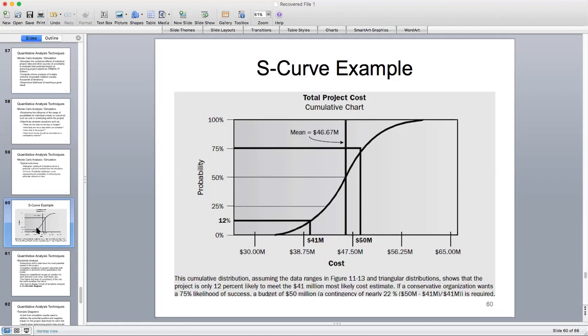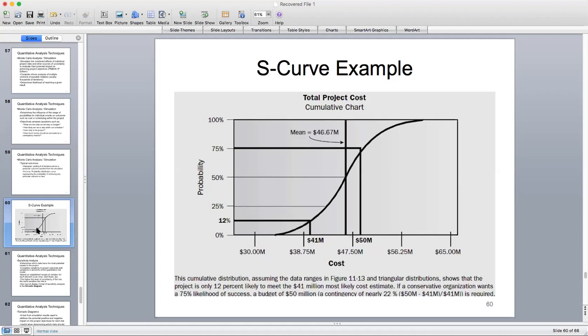However, the remaining projects' results cost more. So we can safely say our confidence level would be 12% that the project will cost $41 million or less.